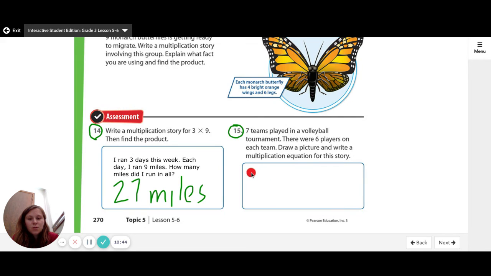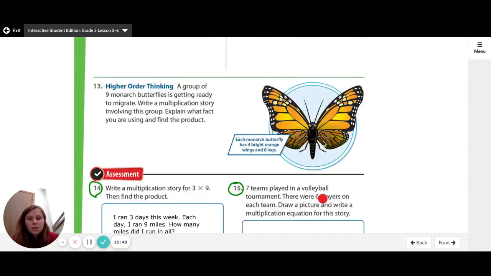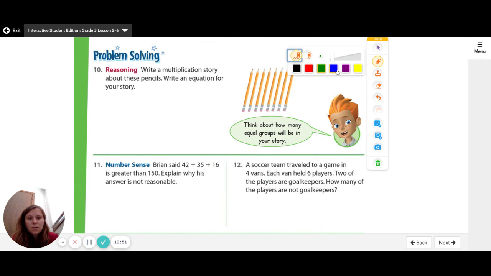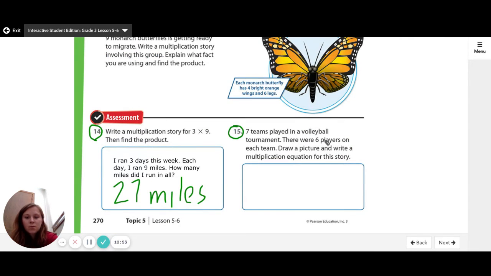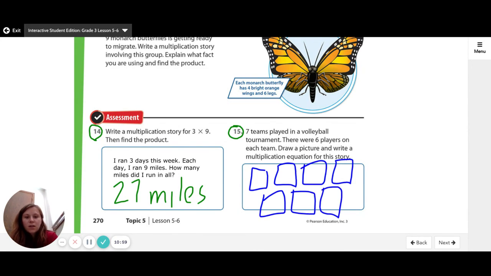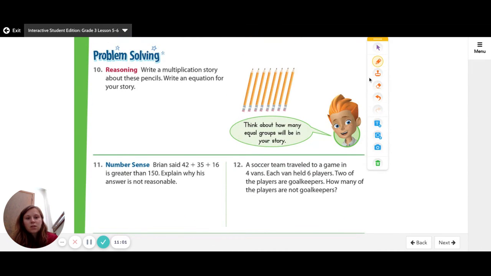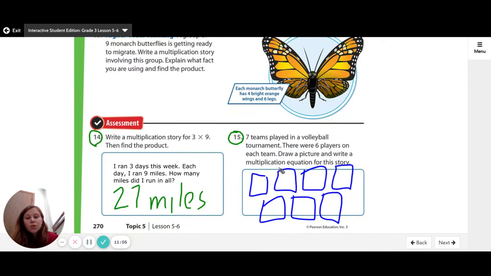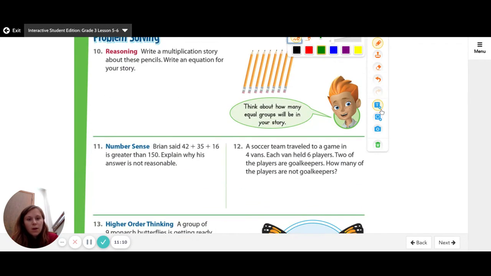So I have 7 teams. So I'm going to do 7 squares to represent each team. So 1, 2, 3, 4, 5, 6, 7. And there are 6 players on each team. So you could do little dots, or you can write the number in.